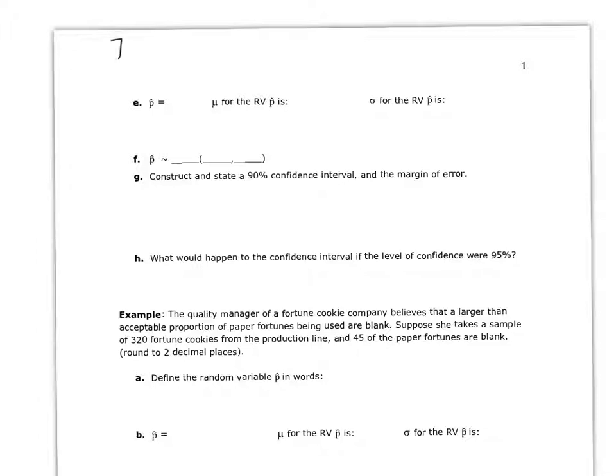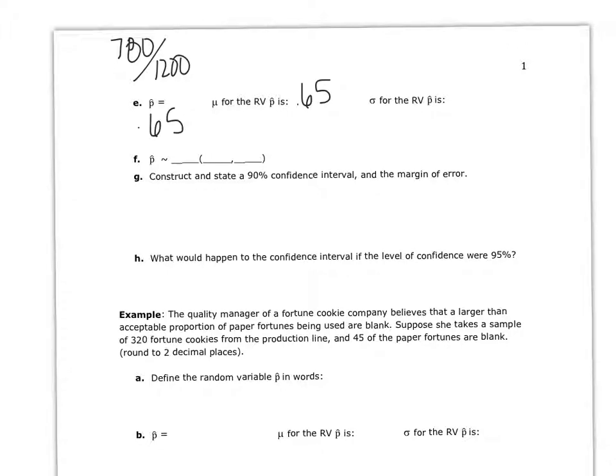I don't have a lot of room here. So 780 over 1200, which we already calculated, that's 0.65. And the mean for p hat is just going to be itself, 0.65.